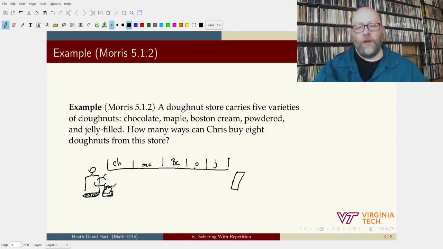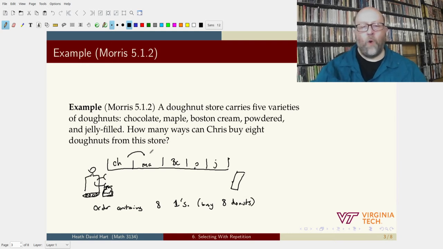And so in order to buy 8 donuts, we need 8 ones. And 1, 2, 3, 4 transitions because there are 5 kinds of donuts. 4 zeros, 5 kinds, which means 5 minus 1 is 4 transitions.